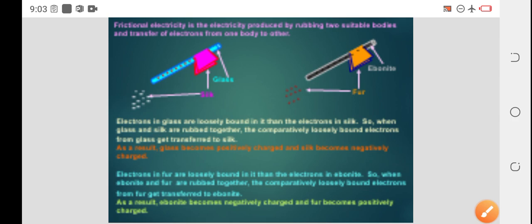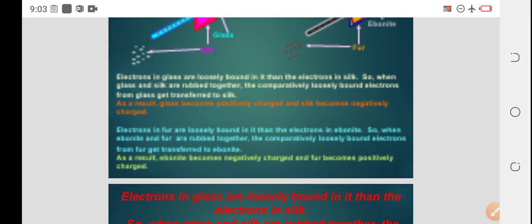Then what is happening? When these bodies are rubbed together, the glass and silk cloth, from the two bodies the electrons will be displaced.